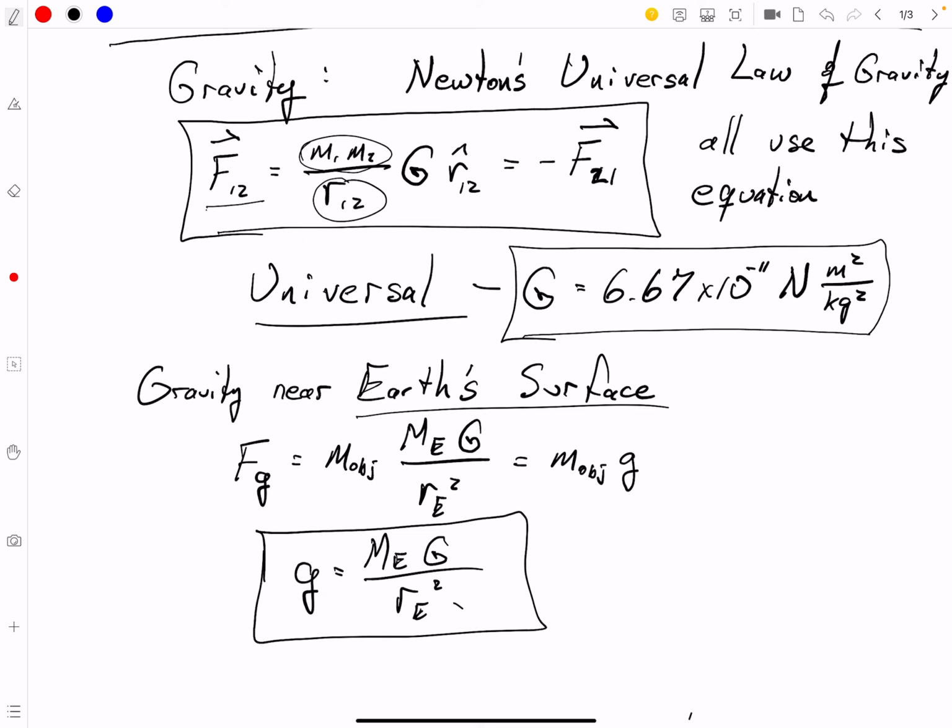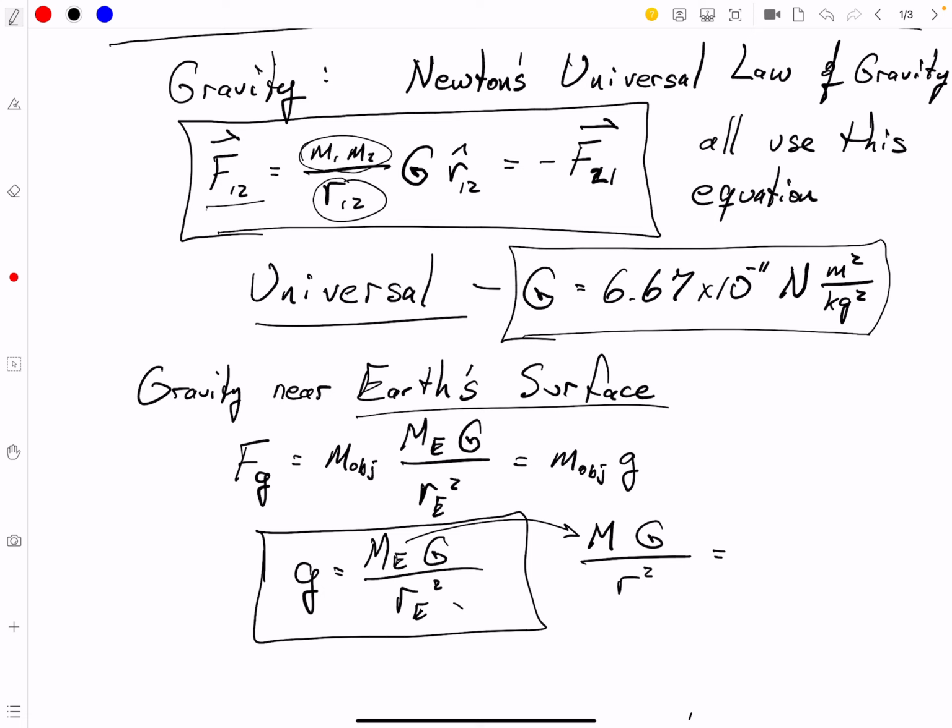And don't go thinking, oh, well, that's all there is to it, because any planet or object we can turn into our M. So this can be M. We can apply G to it and divide out by the radius of whatever that object is, how far away we are from it.